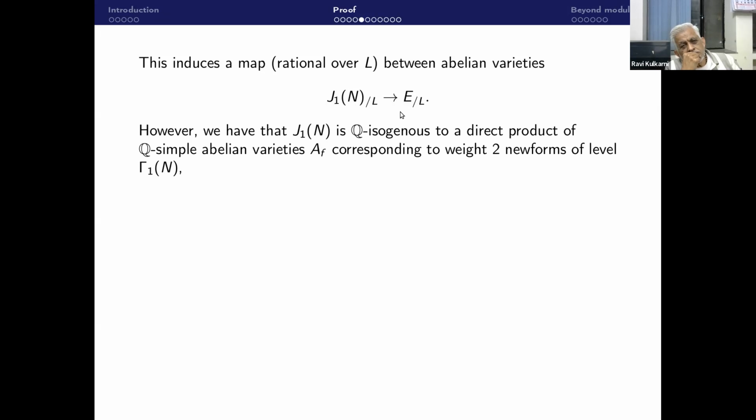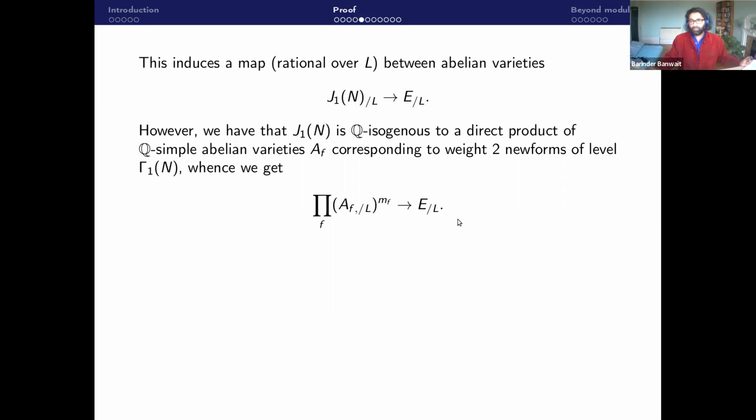Putting that into this equation, we're taking a product over these newforms f, but we are regarding everything over L. So we have this homomorphism over L.